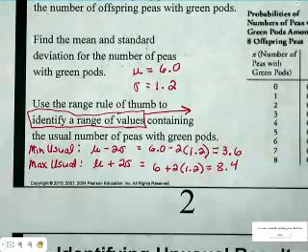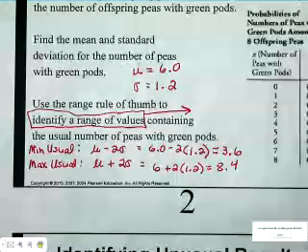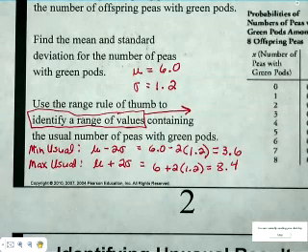Except, tell me this, if you walked out to the garden with Gregor Mendel one day, grabbed 8 peas, and said, how many of these have green pods? Would you be shocked if there were 8.4? Why? Because you only picked 8 peas.